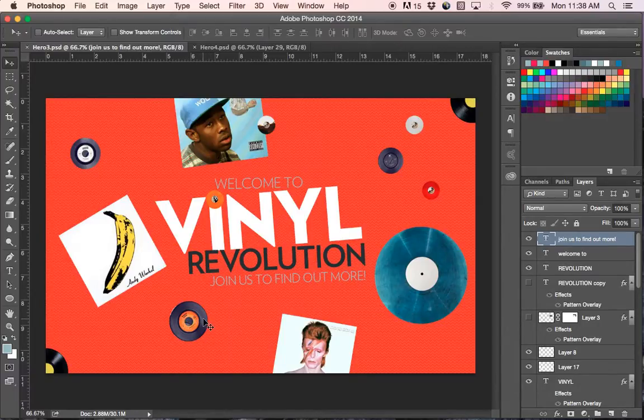Again, playing with the exaggeration of the scale. Really, the key thing we're looking for here is harmony and balance. You're just trying to make a composition that feels comfortable and not overwhelming.